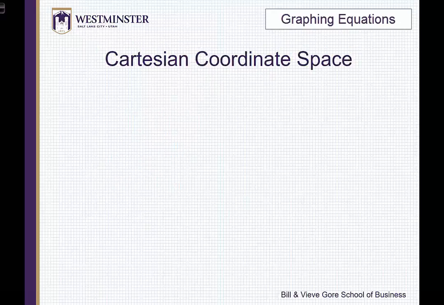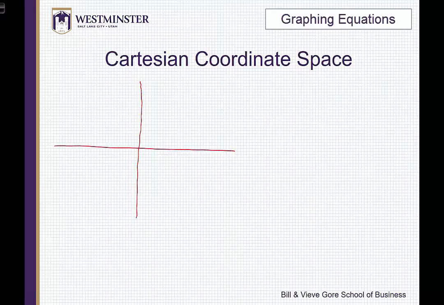coordinate space. Well, you'll probably recall from your algebra classes that a Cartesian coordinate space is nothing but some positive, positive, negative, negative, positive, negative, and negative, positive space along an x and a y axis. That's all it is.